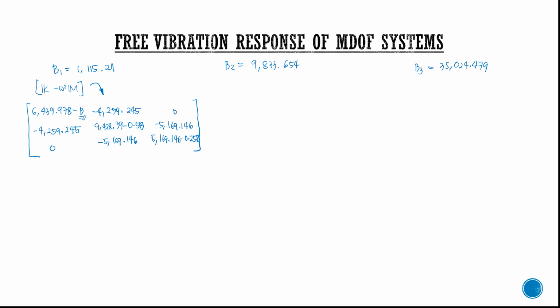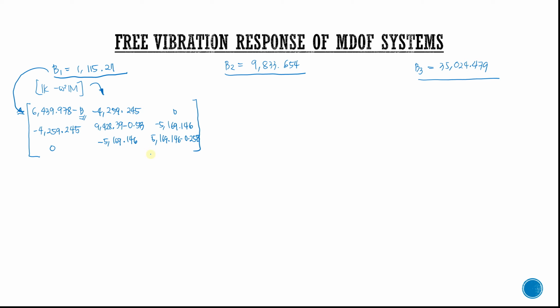Now what we'll do with this is that since we have our roots for the b, we have the b1, b2, as well as the b3, we just substitute these values into our calculated or simplified matrix taken from the stiffness matrix minus omega squared times the mass matrix.